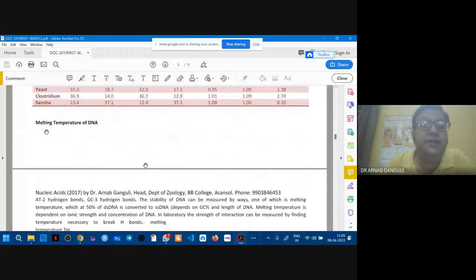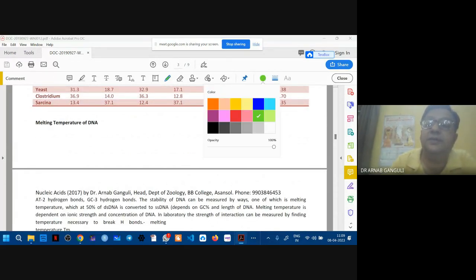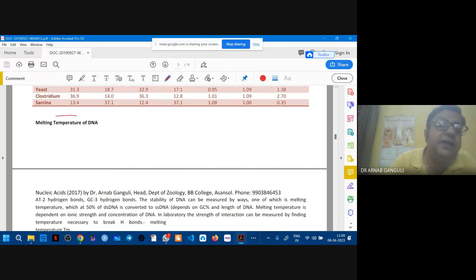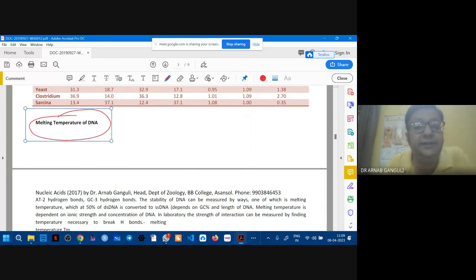The first thing which we will be talking about is the melting temperature of DNA.